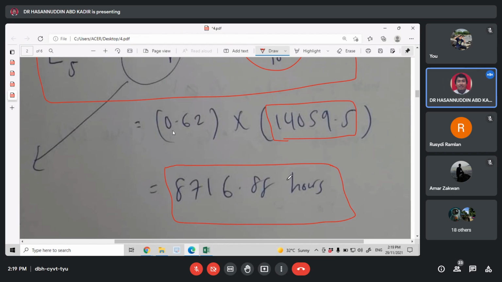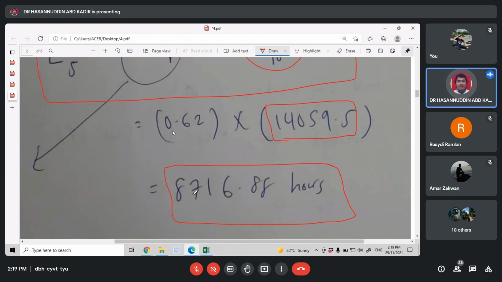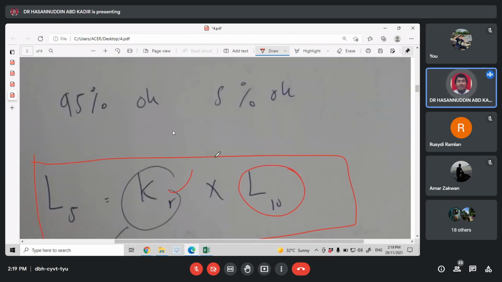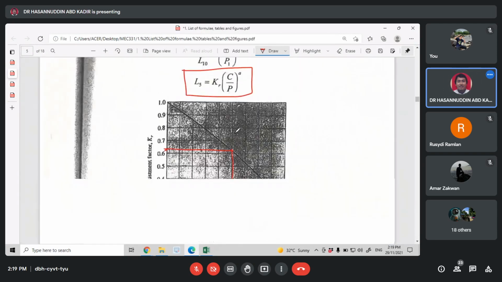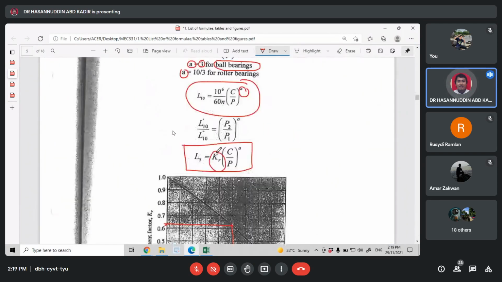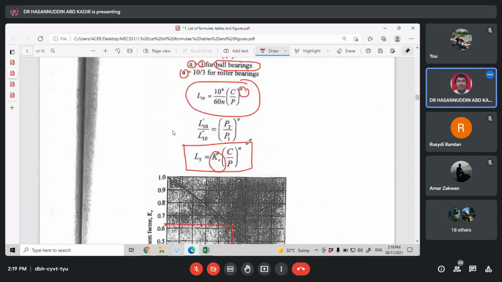This one is L5. That is the logic. So when we select the bearing, the probability is in this form. Okay, remember if they ask you for the L5, you just directly apply this formula only. How to get the value of KR?